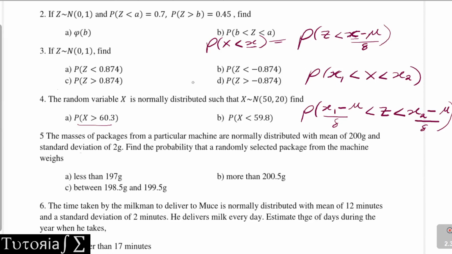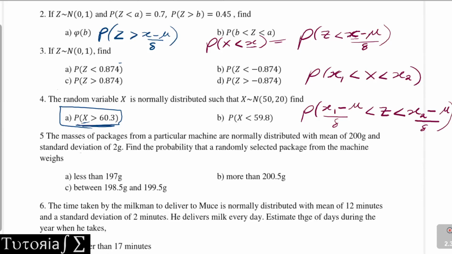For this question, I'll work it out, then you work out the rest. We have the probability of x greater than 60.3. We want this to be a z-score, so this will change to z. We follow the sign as it is, so that is greater than. We know that the formula is x minus the mean over the standard deviation.